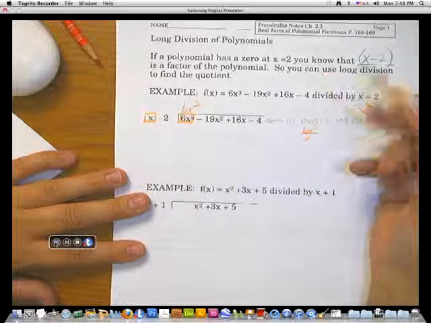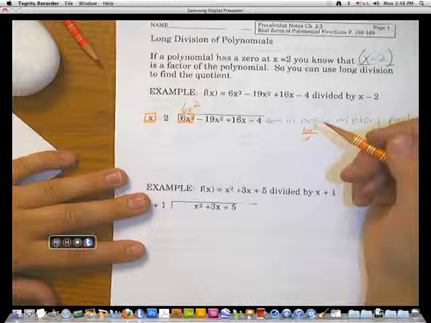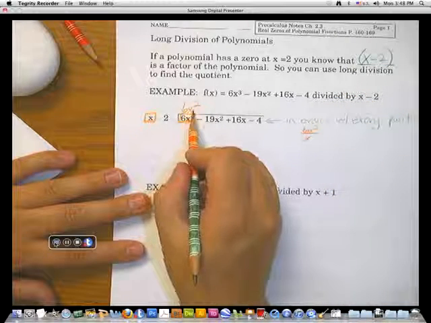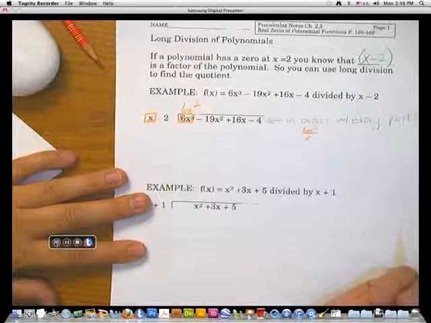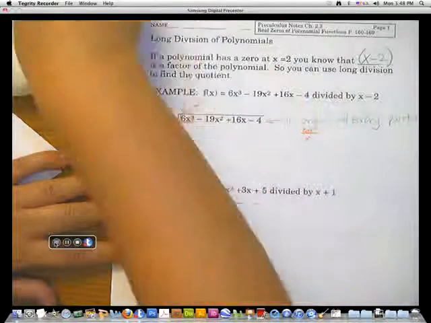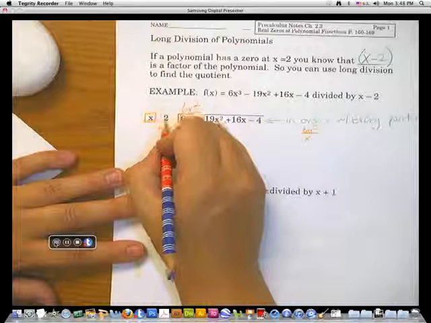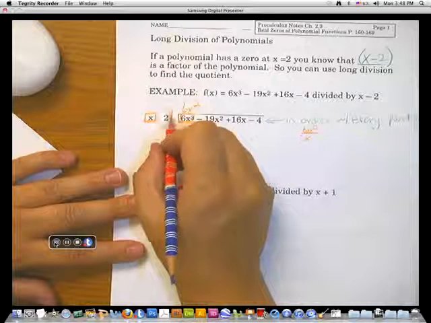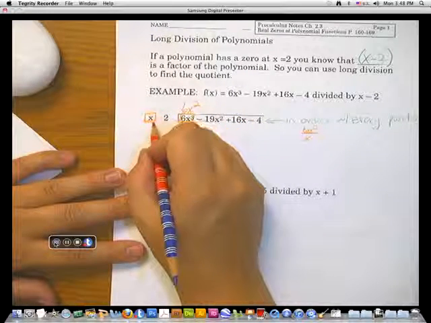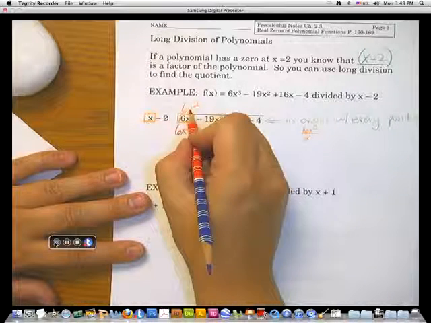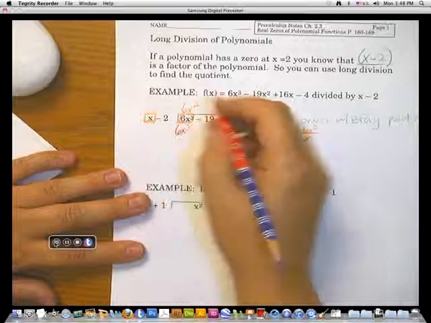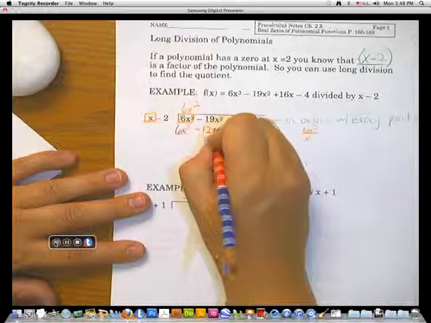Now with long division, just like back in grade school, when we know what we go into, then we have to multiply around. But we do have to use the tag-alongs. So it's 6x squared times x, but it's also 6x squared times the negative 2. So negative 12x squared.